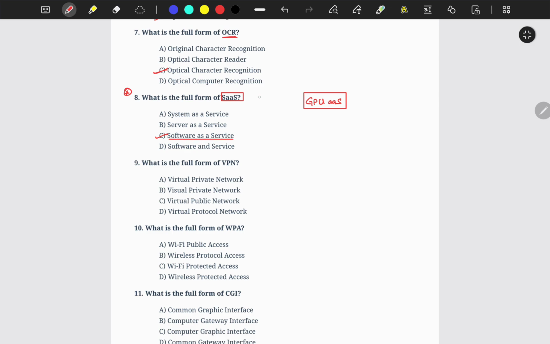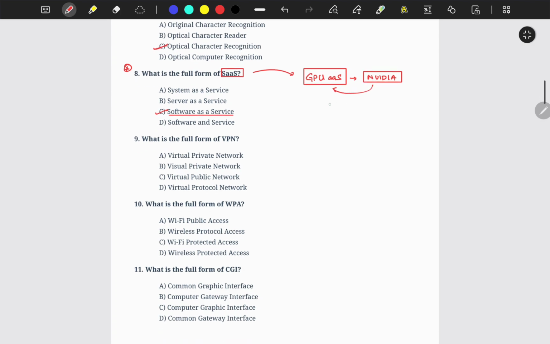Similarly, we have another concept, that is GPU as a service. See, what happens is Nvidia, which produces GPUs or graphical processing units, recently launched a service that is GPU as a service. Earlier, if you wanted to run heavy games, or if you wanted good processing power, then you had to buy GPUs.